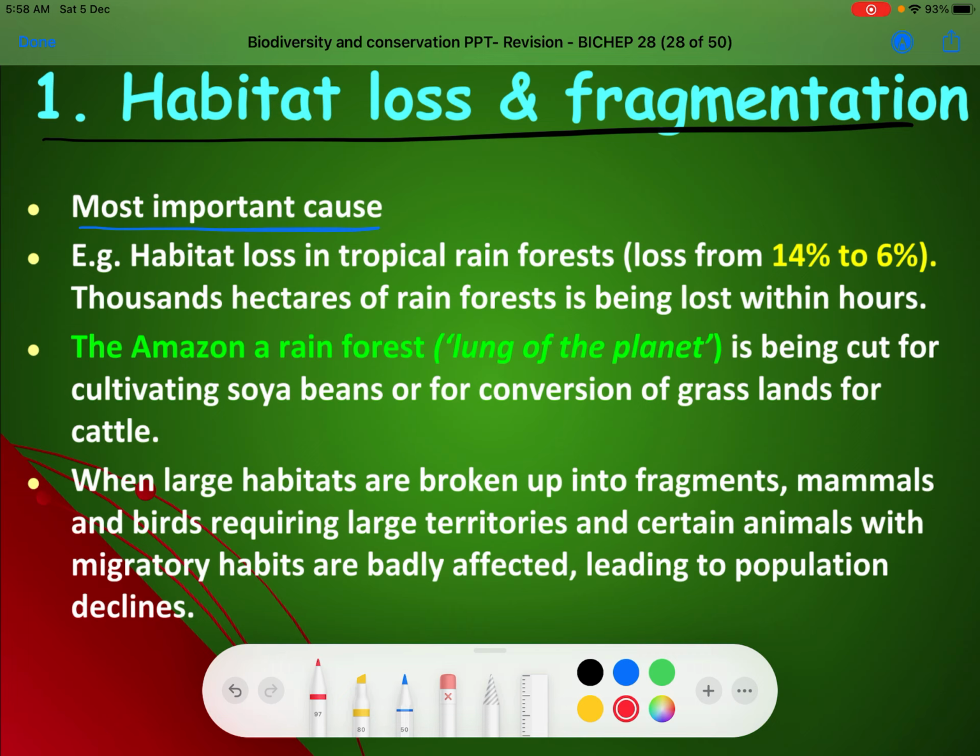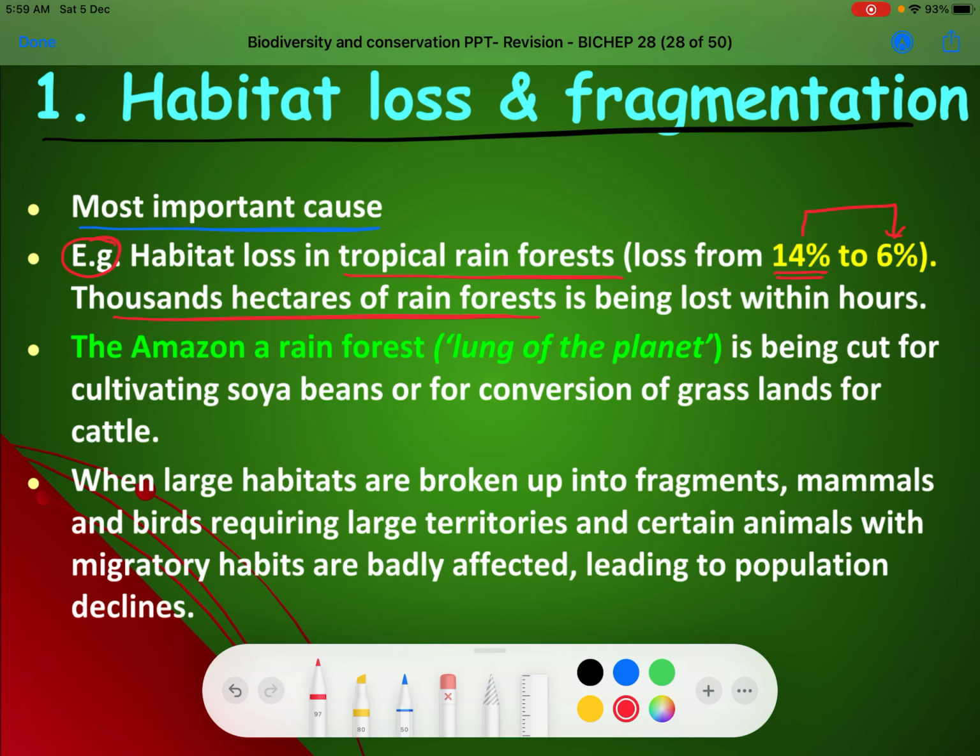For example, the biggest example we are observing is habitat loss in tropical rainforests. This is the typical example we have seen earlier in this chapter. We have lost tropical rainforest from 14% to 6% only. Earlier, tropical rainforests used to be 14% of the total land of the earth. Right now, they remain at only 6%. Thousands of hectares of rainforest are being cut down within an hour.